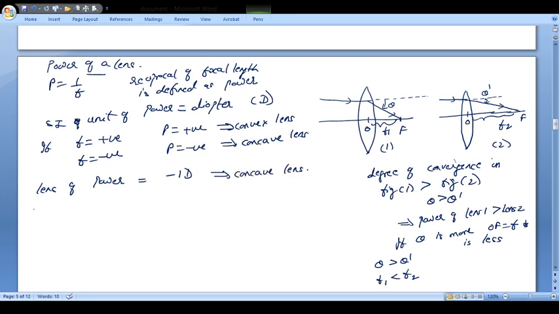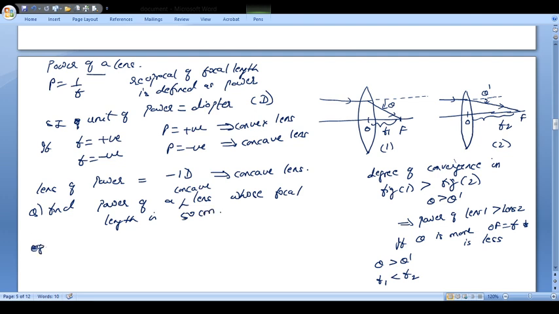Now see here, if I write a question: determine power of a concave lens whose focal length is 50 centimeters. So how you will do it? See here, solution.